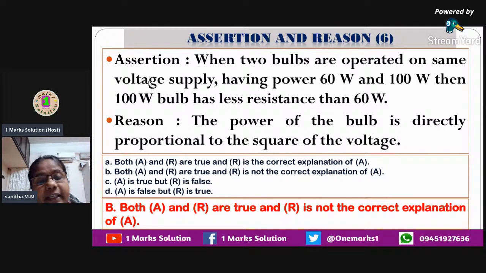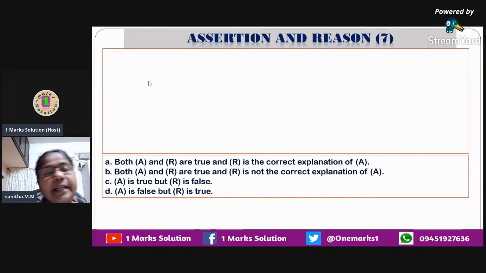But can we say that the reason is the explanation of the assertion? No. Why? Because in the reason we should have written the relation between resistance and the power. Here it is written the voltage and the power. So that is why it is not the correct explanation of the assertion. So which is the option? Option B. Now we can go for the seventh one.